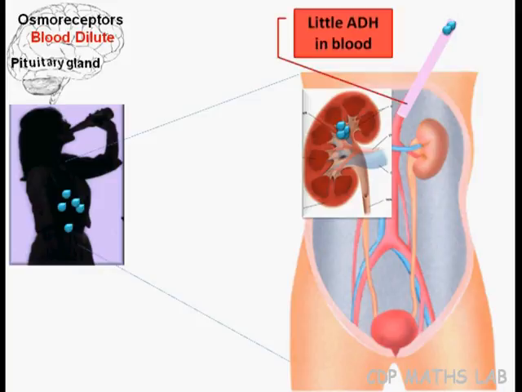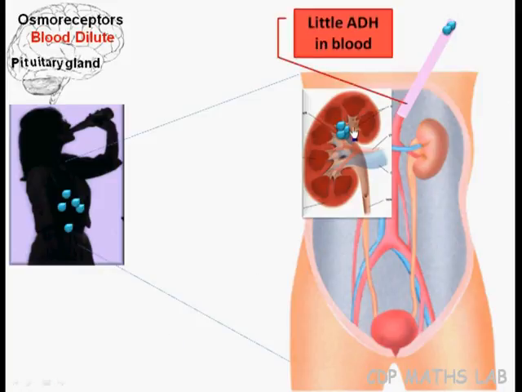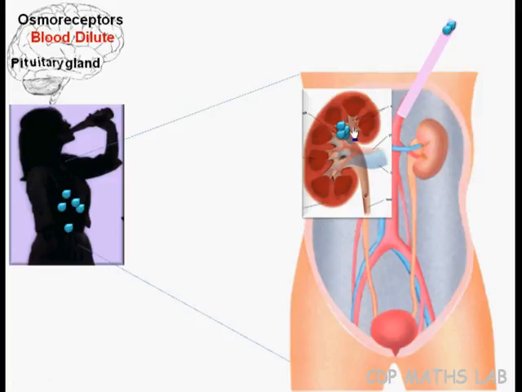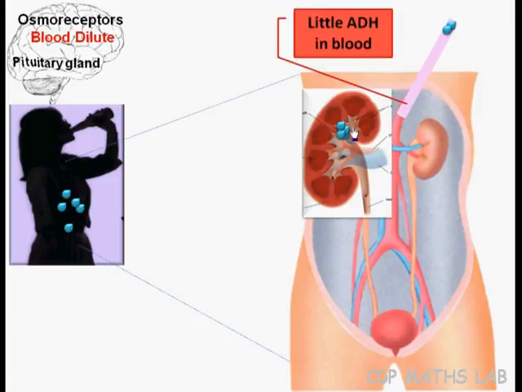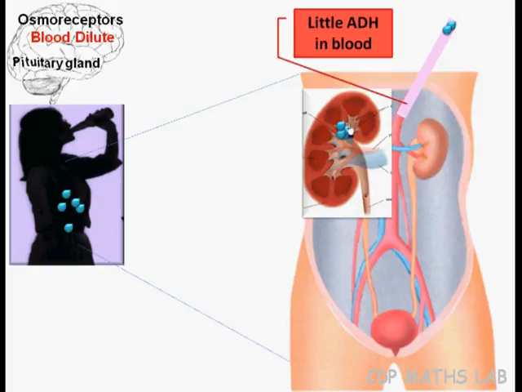Good. So notice now that the water traveled towards the kidney. So what the ADH causes is the kidney to absorb more water when there's too much water inside the blood.